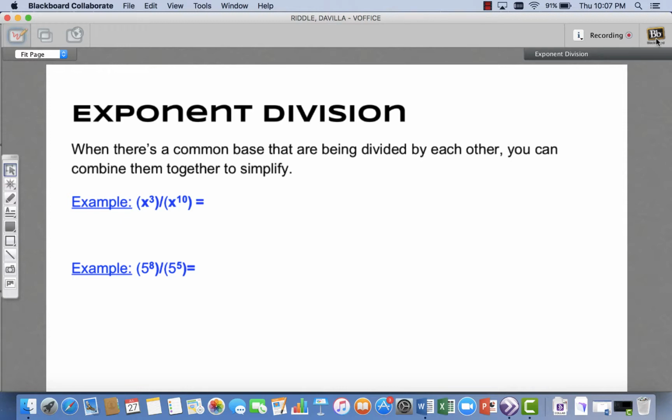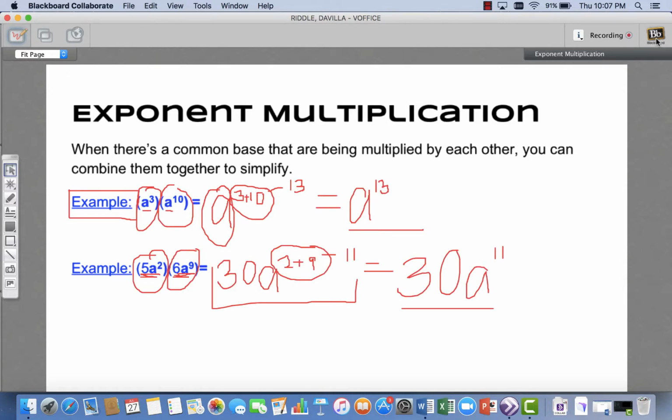Next, we'll go over exponent division. When there's a common base being divided, you can combine them together to simplify. So x to the 3rd in this example is being divided by x to the 10th. We can rewrite this so it's easier to look at, with x to the 3rd on top and x to the 10th on the bottom. In the previous example, we added the exponents because we were doing multiplication.